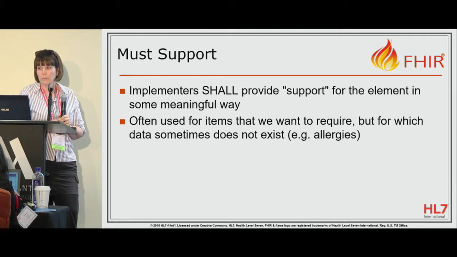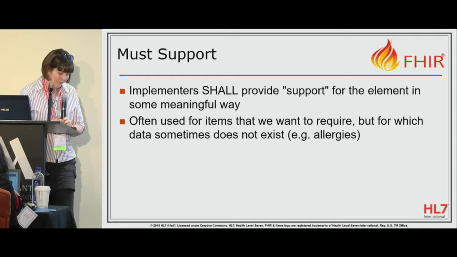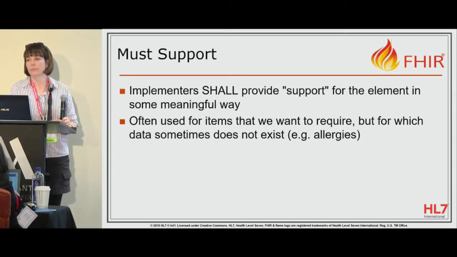And even if they did know the value, sorry, I'm sending the hard coded 1 because you made it easier for me to send the hard coded 1. So must support is actually far more powerful than min occurs of 1. So I would recommend, if you know that sometimes it doesn't happen, do a min occurs of 0 and do a must support. Yes, it's not automated testing, but it still meets reality better.